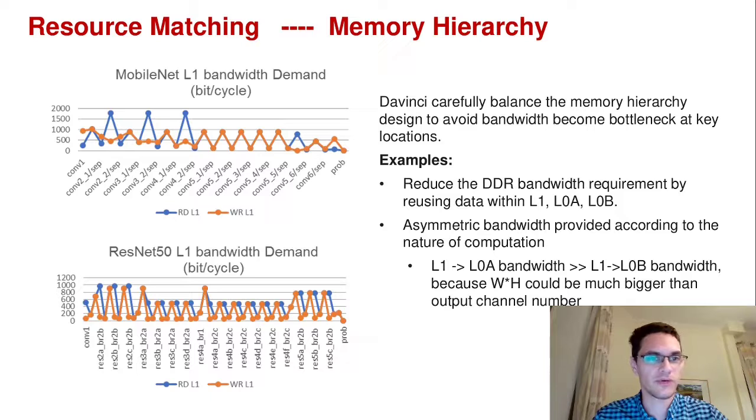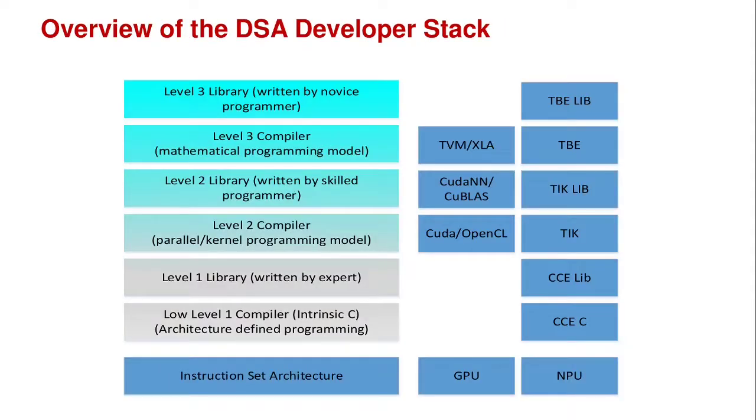So from the profiling information you can see that a bus width of 2048 is effectively enough for execution of any of the benchmarked neural networks. Once the hardware architecture is done, it is time to design a software stack for the new DaVinci architecture.